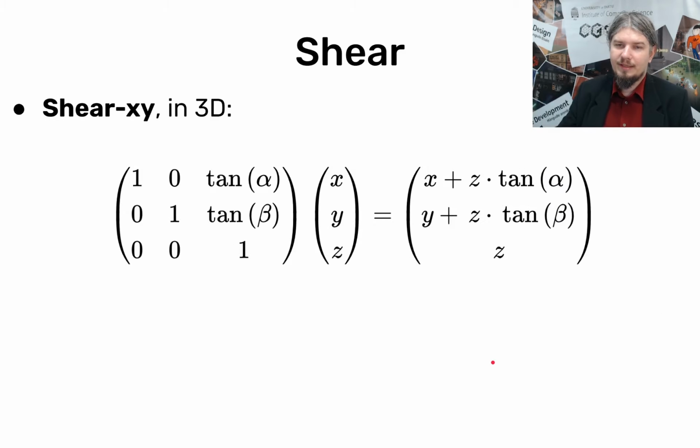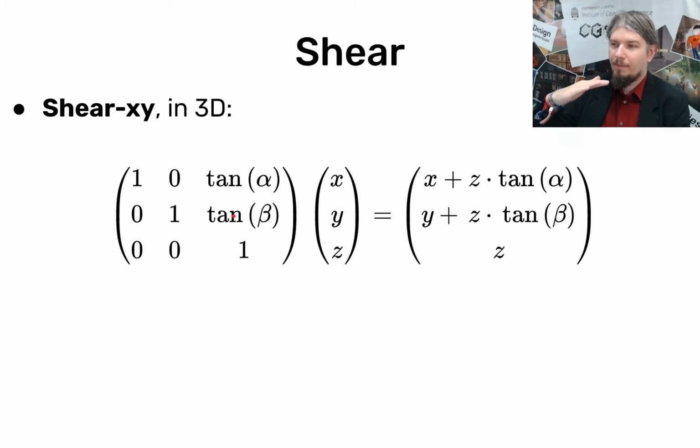And we can also see the shear transformation in 3D. We can define it by the plane in relation to which everything moves parallel. If we shear in relation to the xy plane, then we have tangent alpha and tangent beta up here in these elements of the matrix. And now you can imagine there are two angles.